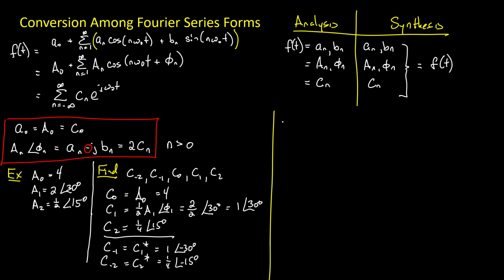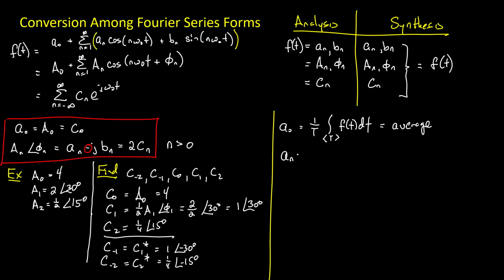For completeness' sake, since we gave the synthesis equations over here, let's give those analysis equations as well. The first one, a sub naught, is equal to 1/T times the integral over any period of f of t dt. Often you don't have to explicitly evaluate that integral. Just by inspection, you can write it down as the average value of your waveform.